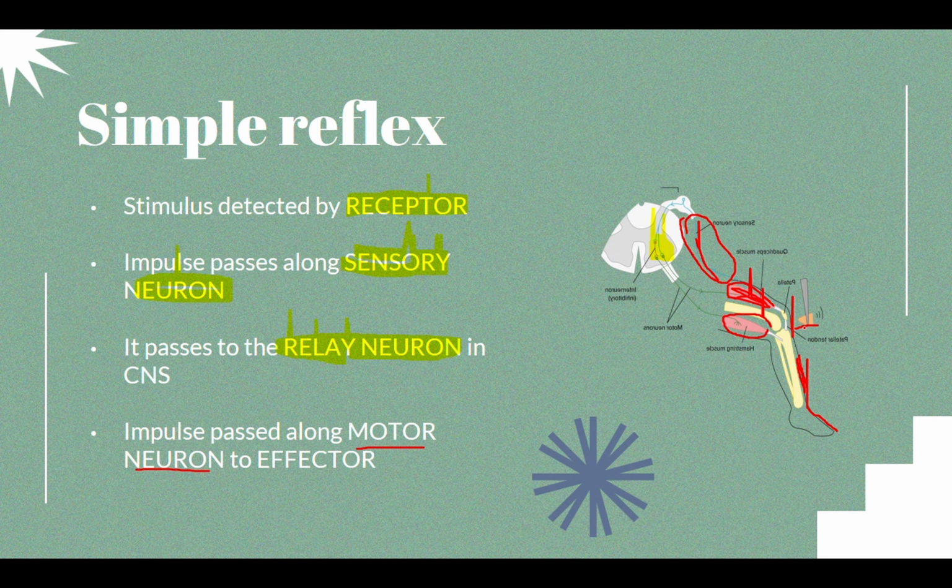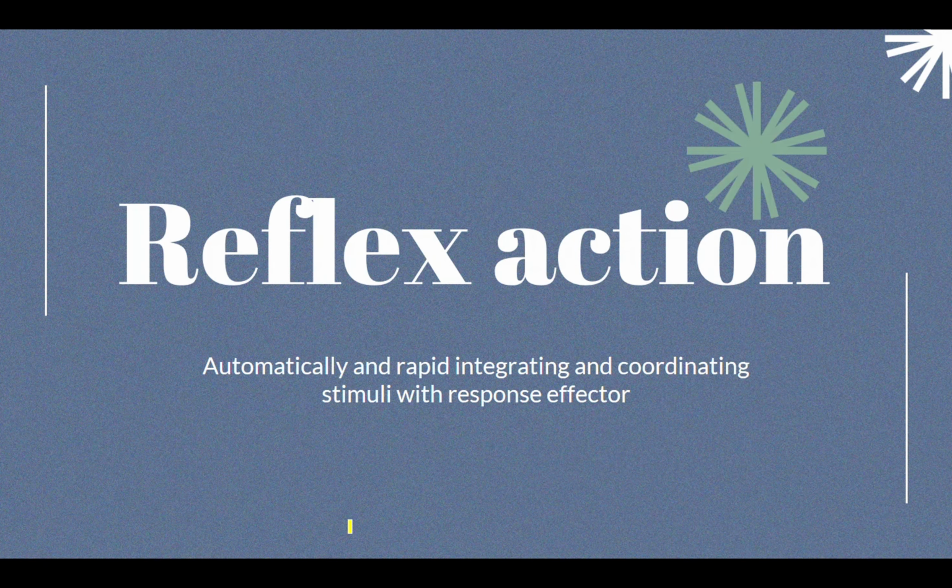Now the muscle will cause the foot to move in a certain way to get away from the stimulus. And this muscle is known as an effector. So I'm going to write it with a highlighter, an effector. Okay. So reflex action.